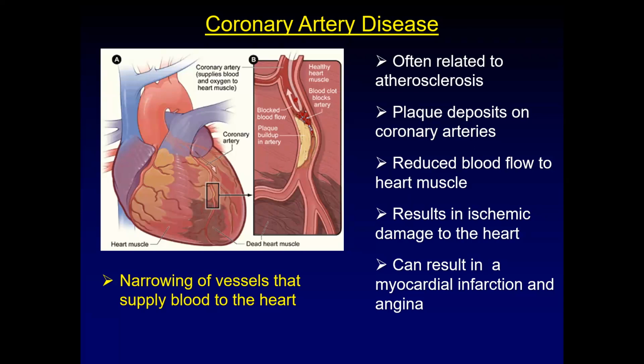Okay? Atherosclerosis is the deposition of fatty plaques on the inside of these arteries. Okay? So it's going to look something like this. And we'll get more into how that happens and what those things might look like in the coming slides.